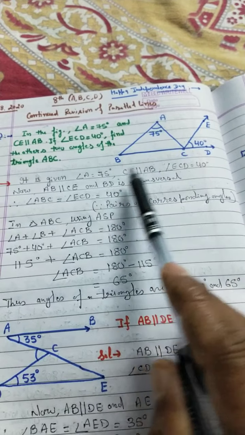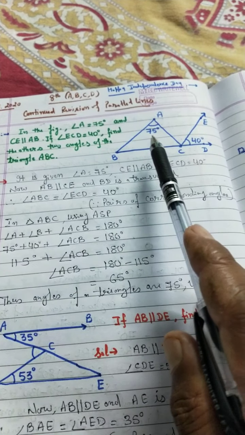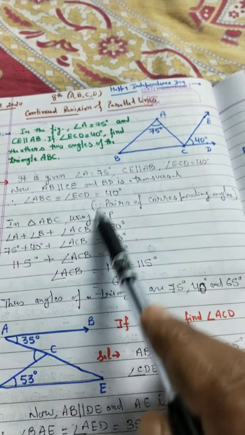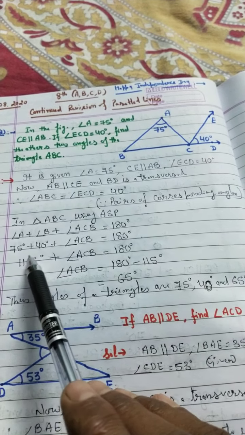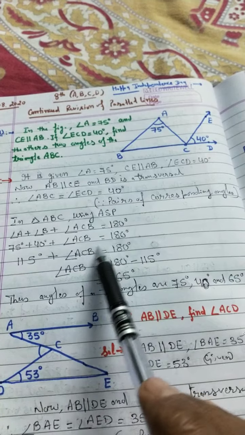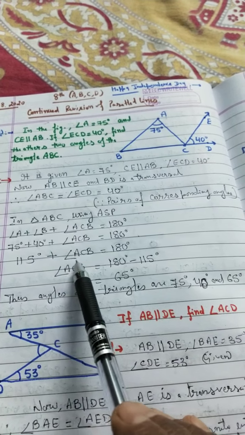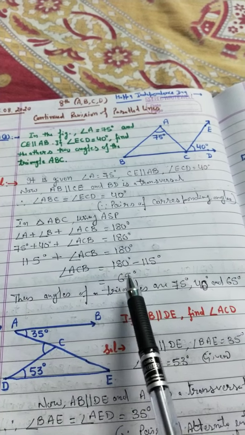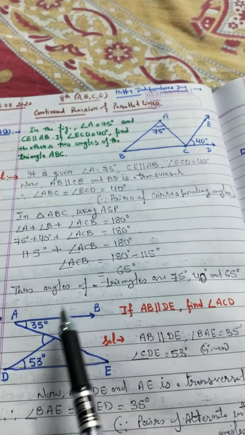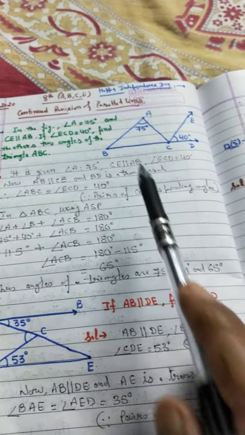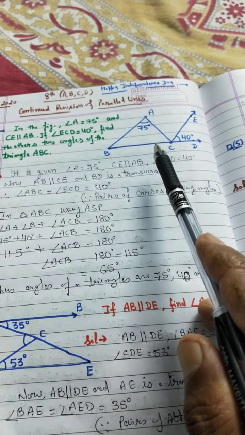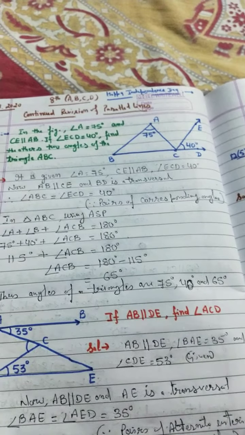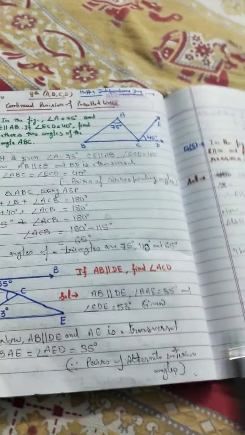Now, in triangle ABC, using the angle sum property, angle A plus angle B plus angle ACB is equal to 180. 75 plus 40 plus angle ACB is 180. 115 plus angle ACB is equal to 180. Angle ACB is equal to 180 minus 115, which is 65. Thus, the angles of the triangle are 75, 40 and 65. Check whether their sum is equal to 180 or not.